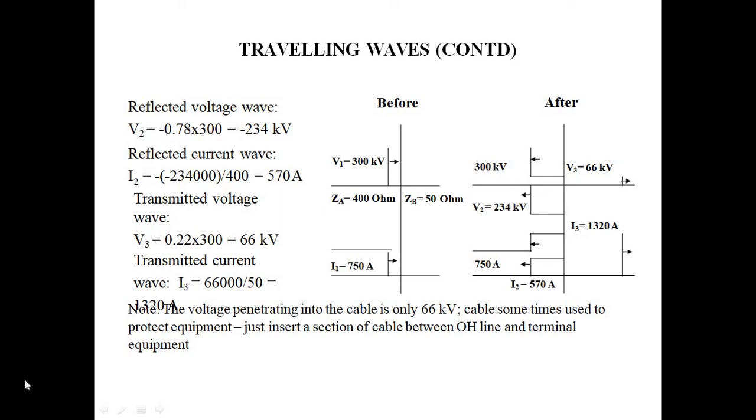After that, V1 is equal to 300 kV, V3 is equal to 66 kV, V2 is equal to 234 kV, then I3 is equal to 1320 amps, I2 is equal to 585 amps, and I1 is equal to 750 amps. The voltage penetrating into the cable is only 66 kV. A cable is sometimes used to protect equipment: just insert a section of cable between the overhead line and the terminal equipment.